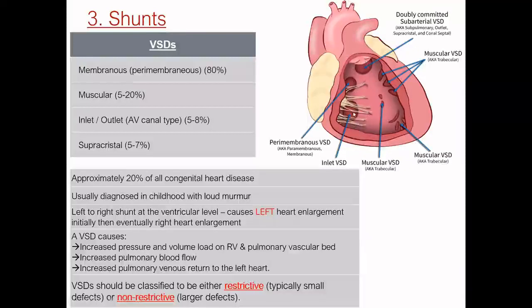And then you can see the different locations of the VSDs. So you have the supracrystal, which is usually just inferior to the pulmonary valve, a perimembranous VSD here, inlet VSD here, and the muscular VSD near the mid to apical segments of the heart.